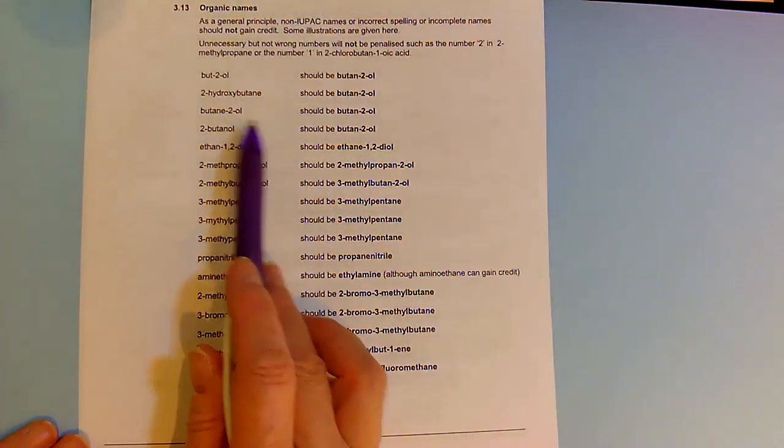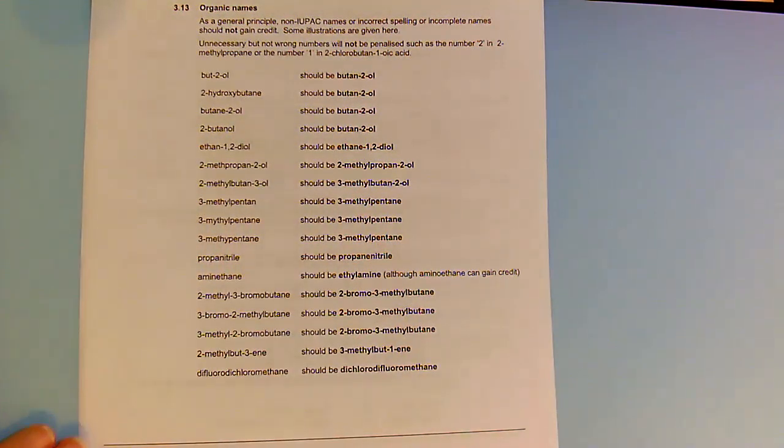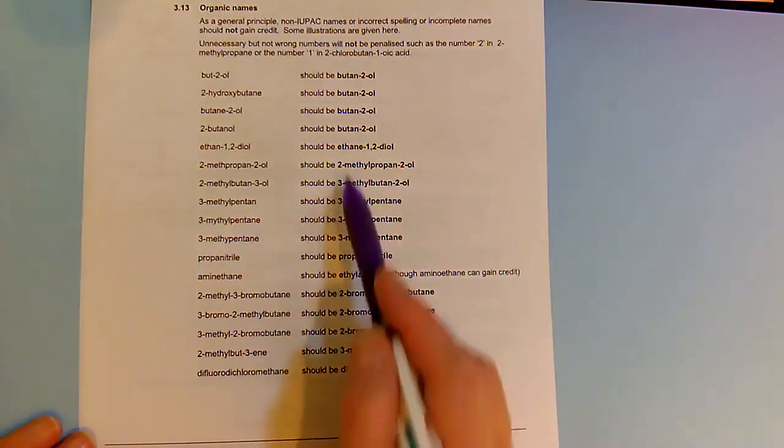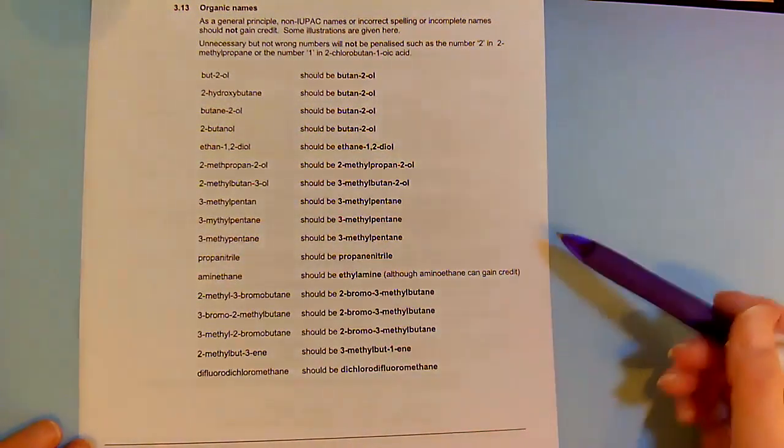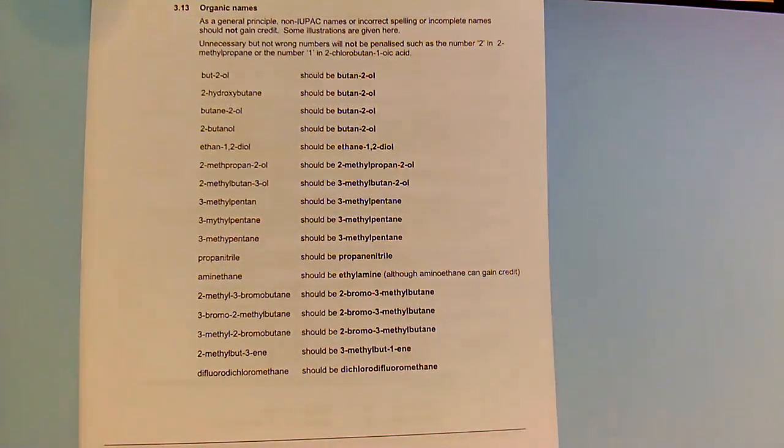Butane-2-ol, putting the E in, so it should be butan. And 2-butanol, because it's not obvious where the ol is, it should be butanol. So again, just have a look through these and see what you should be using. See the typical errors that people make and make sure you avoid them.